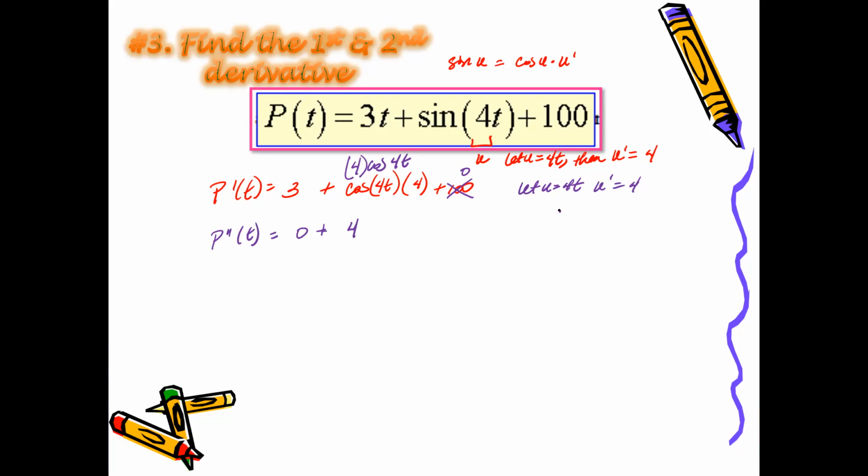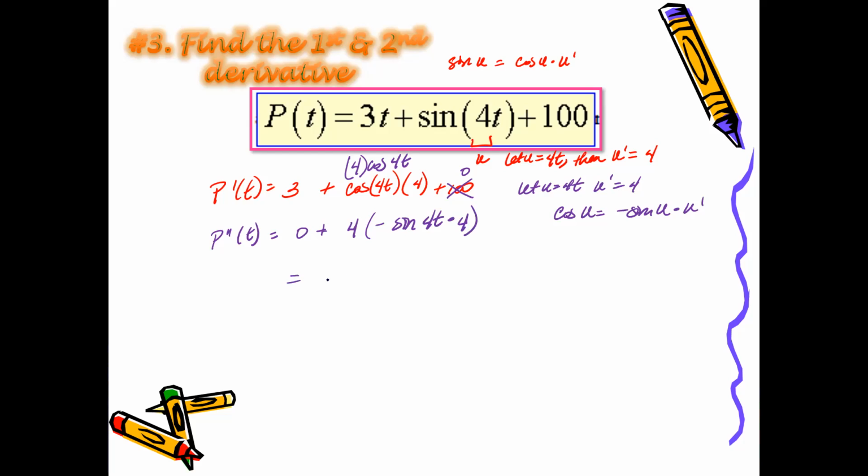So then the derivative of cosine u is a negative sine u times u prime. So it's 4 times negative sine 4t times u prime, which is 4.